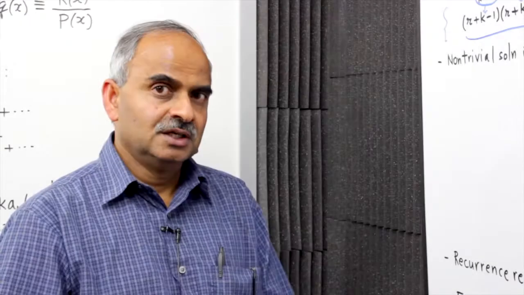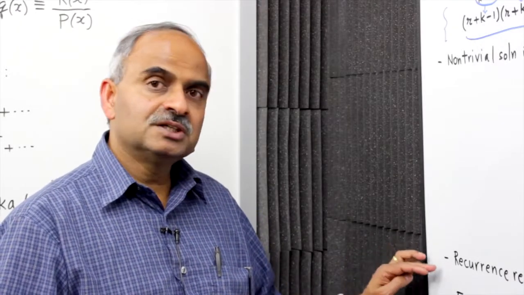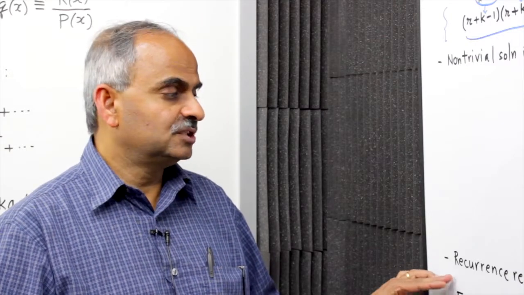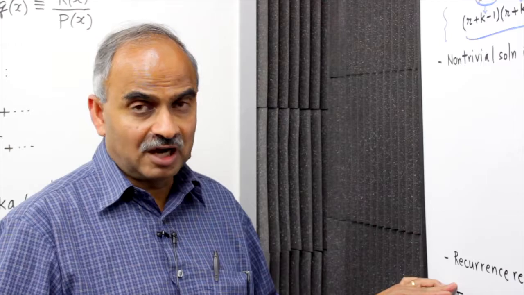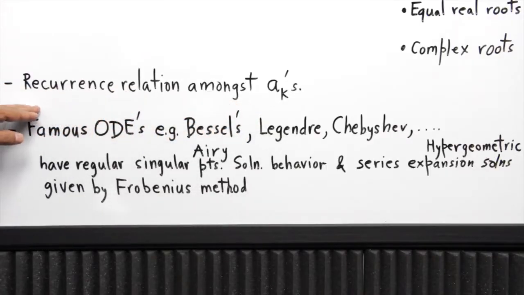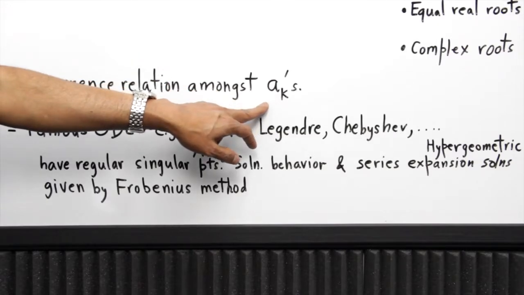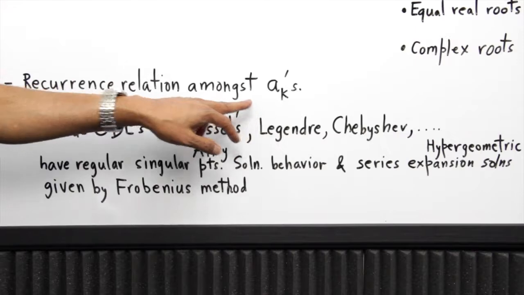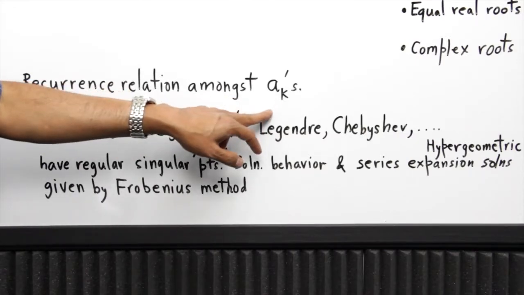So now we have determined the unknown exponent, and so we are now ready to substitute that value of r in the equation that we had with the differential equation, which involved all these coefficients a sub k. And so at each order of the exponent, we then have an equation which can be solved.